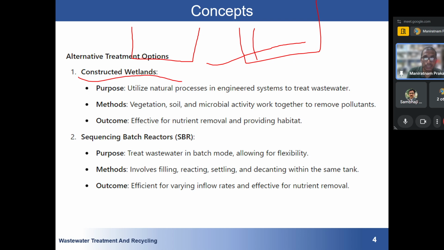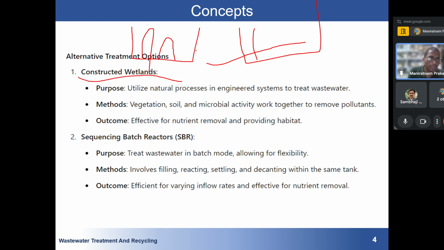They have designed some kind of material, I don't remember exactly what they did. Those materials are placed on these wetlands, and different plants are allowed to grow on the wetlands, and the water is allowed to pass through.